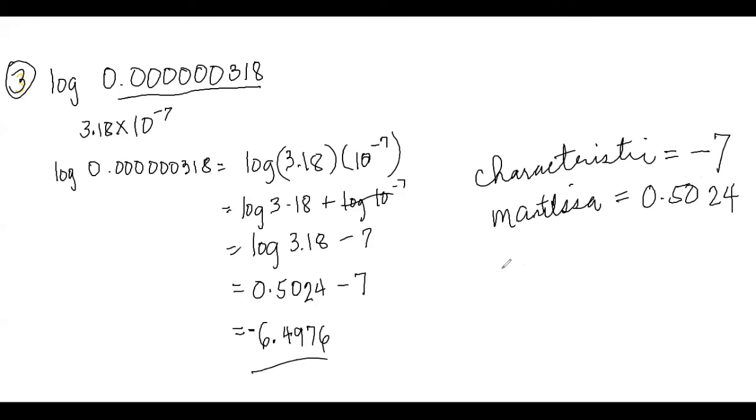Pareho lang kaya? O characteristic ko ay kunwari negative 6, tapos yung mantisa ko is negative 0.4976. Pwede kaya to? Hindi sure kasi kailangan sa mantisa, positive lang.